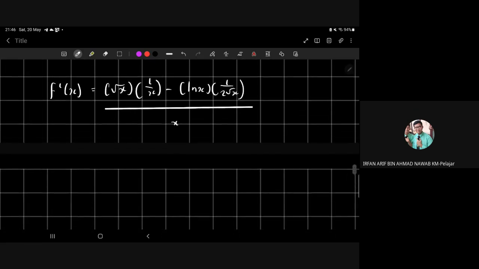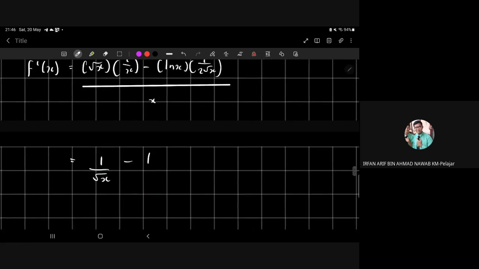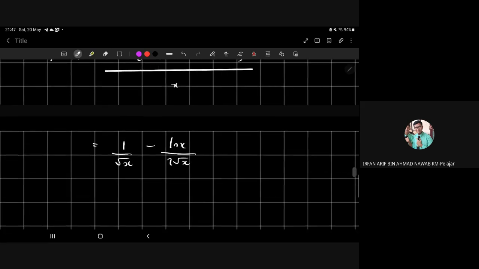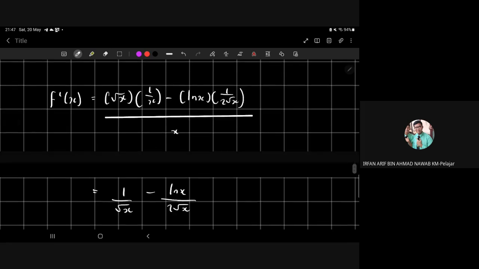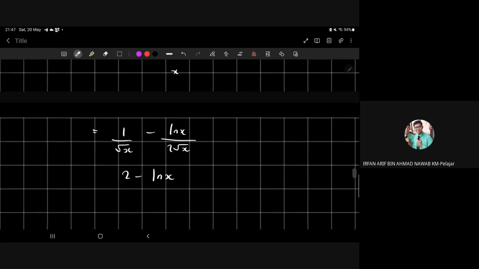Anyway, to solve this, first things first, you have to simplify. Now just combine these two. So it will be, if I'm not mistaken, 2 minus ln x over square root of x.